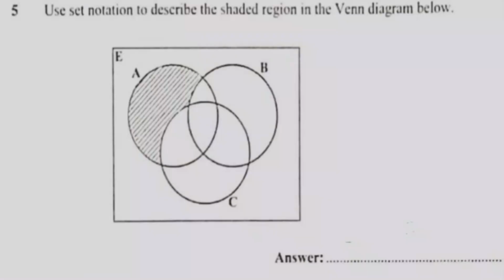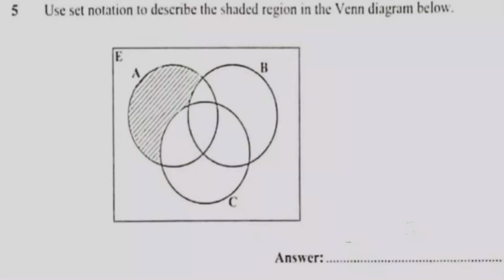We have set B, which is completely not shaded, and we have set C, which is also completely not shaded. So the question is for us to write a set notation that describes the shaded region. As we look at the shaded part, set A is shaded, and set B and set C are not shaded.